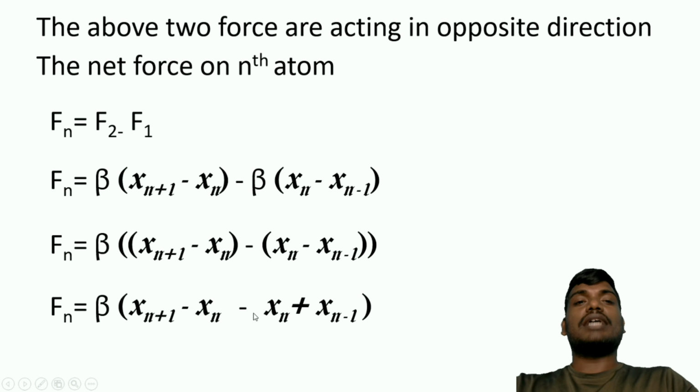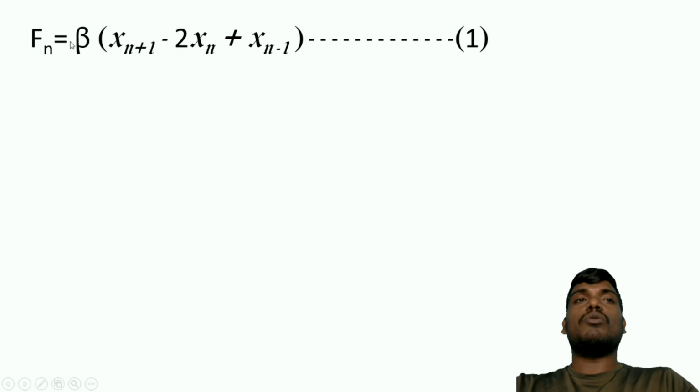Taking the x terms outside, the final value is F n equals beta times x n plus 1 minus 2 x n plus x n minus 1. This equation is named equation 1.